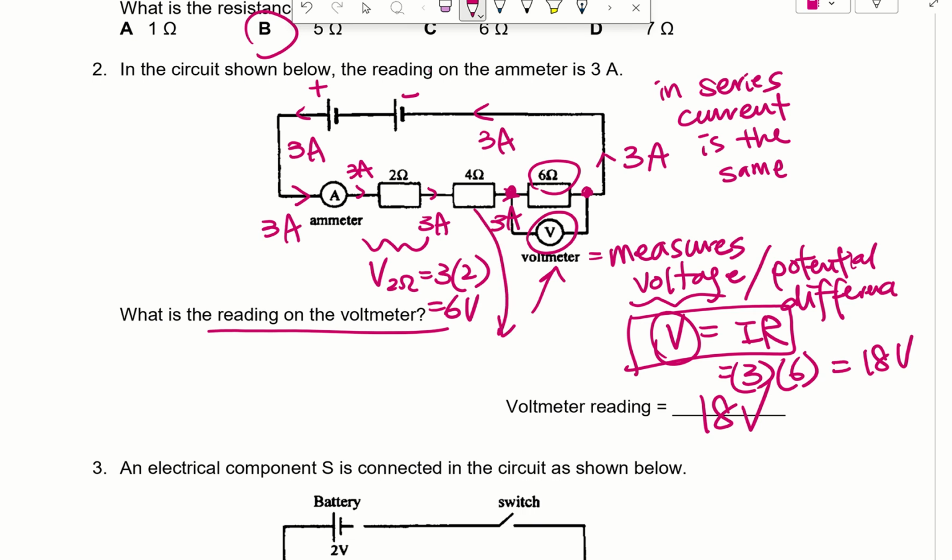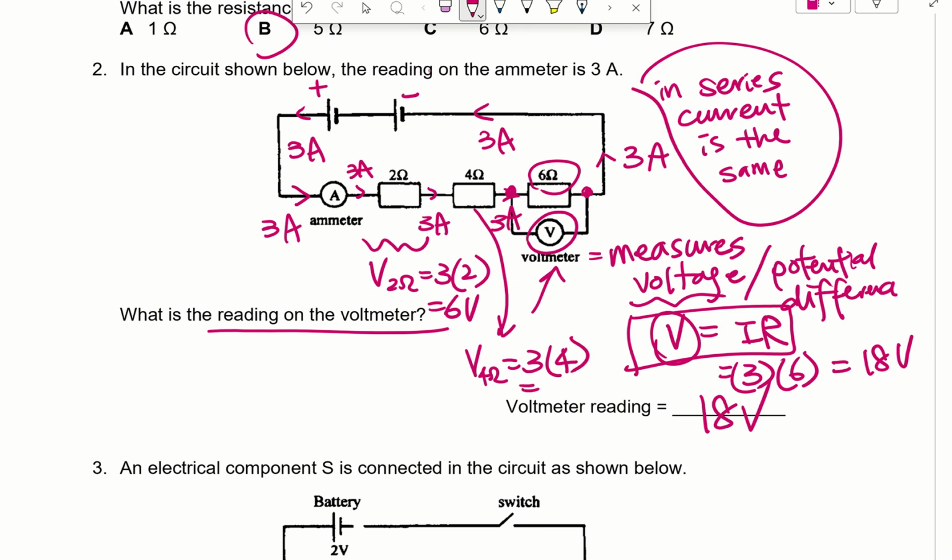For this 4 ohm, what is the voltage across the 4 ohm resistor? Again, the current is 3, because in series, current is the same. Multiplied by the resistance, which is 4 now, it is 12 volts. Okay? So this is the voltage for the 2 ohm, the voltage across the 4 ohm, and the voltage across the 6 ohm.